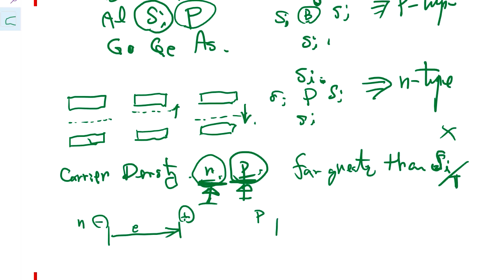P-type, so many holes, so electrons run this way. This is negative, okay? So conductivity increases a lot. So how much does it increase?